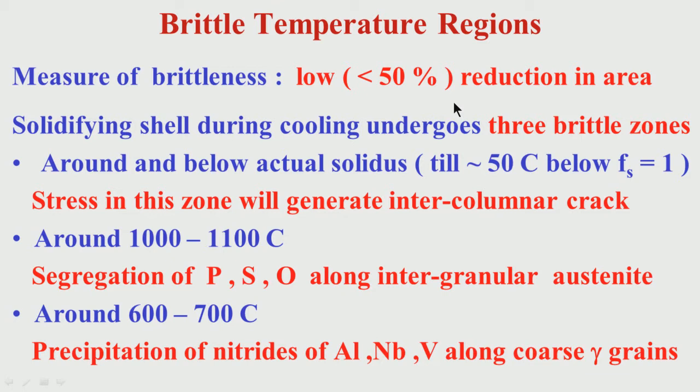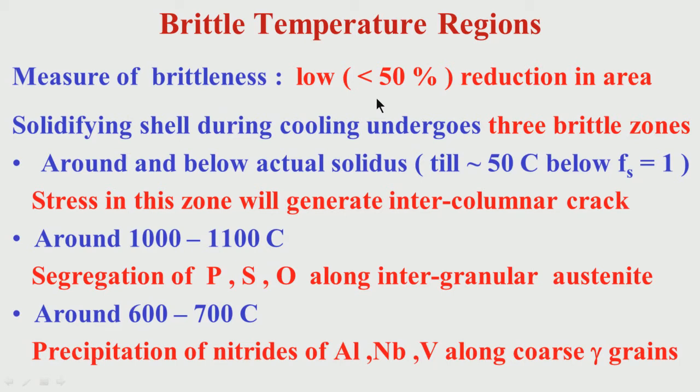Even if there is strain, it can accommodate that by getting deformed. So, if the reduction in area is more, it can deform more and withstand a higher amount of strain. Because of that, crack formation will be less. So, whenever the reduction in area of the solid shell is less than 50%, we call it brittle, and those temperature regions we call brittle temperature regions.